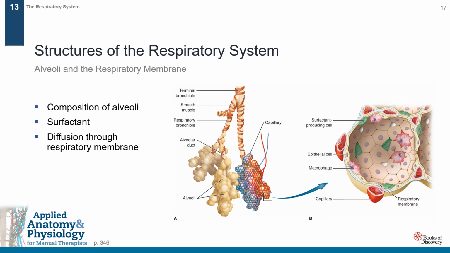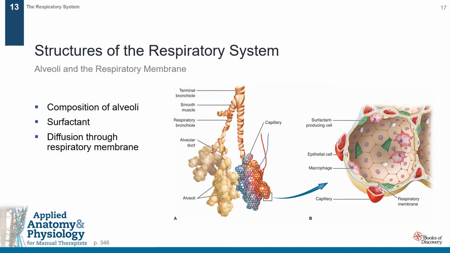Some of these cells produce a slippery substance called surfactant, which reduces surface tension within the alveoli to keep them open during breathing. Macrophages are also found in the alveoli to destroy any particles or microbes that were not trapped and expelled by the respiratory mucosa.